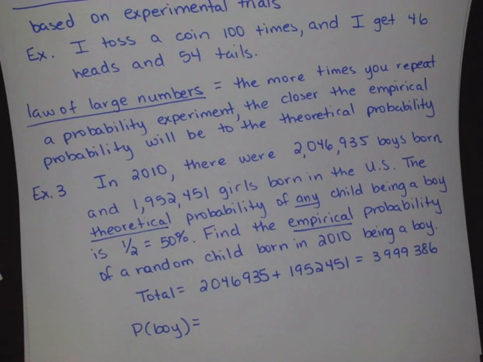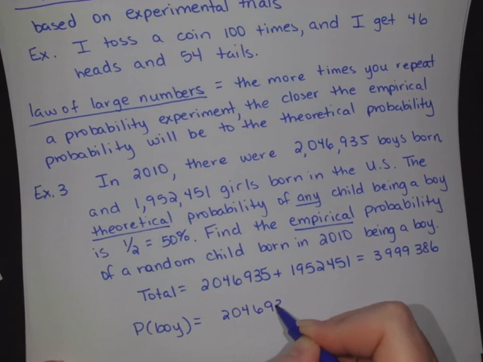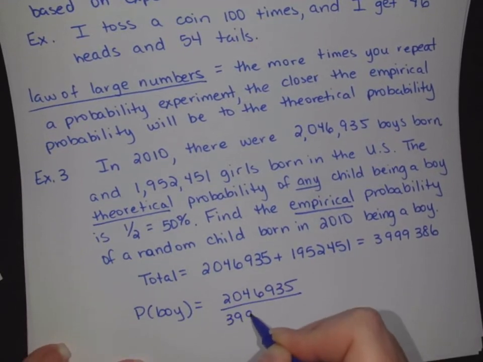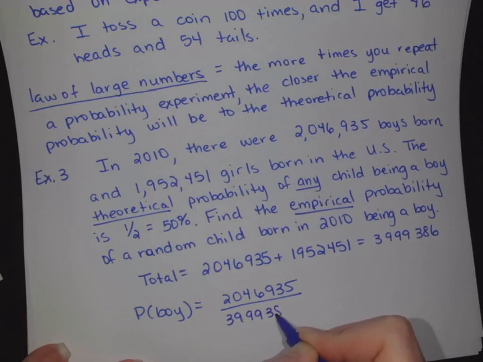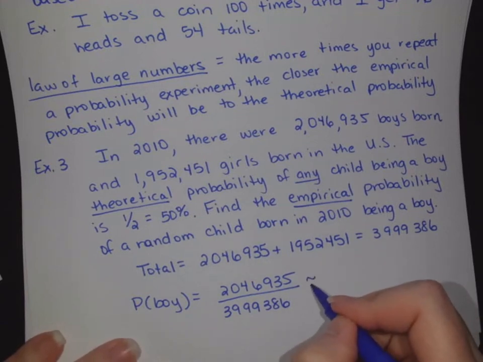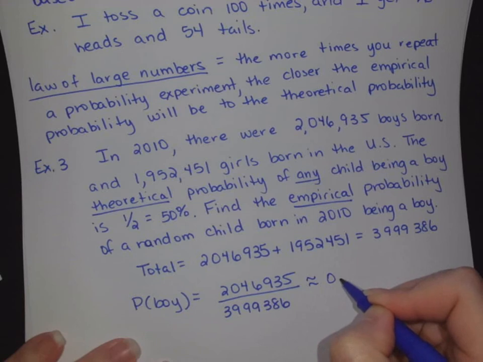But the empirical or experimental probability would be the number of boys, which was the 2,046,935 number, over the total number of babies that year, which was 3,999,386.